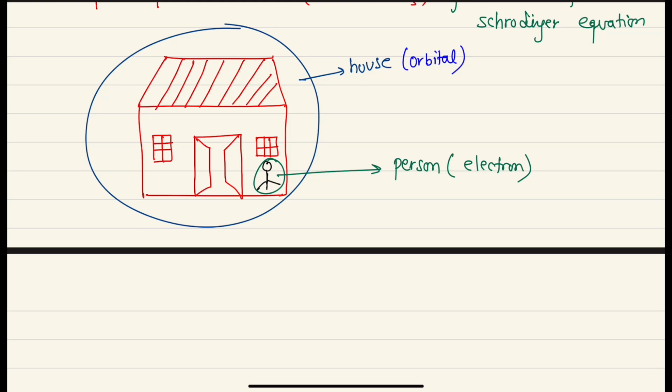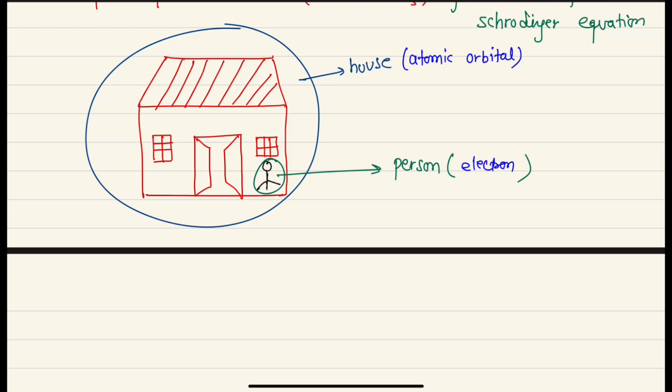Let me write the full name here, atomic orbital, otherwise you will get confused. The whole house is an atomic orbital. Inside the house there is a person, and this person is the electron. Simple.